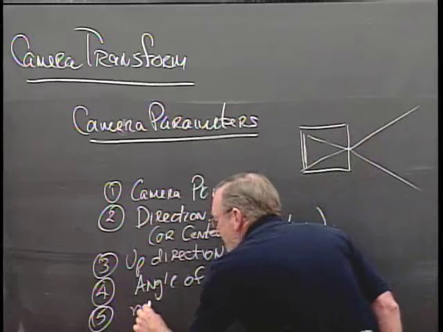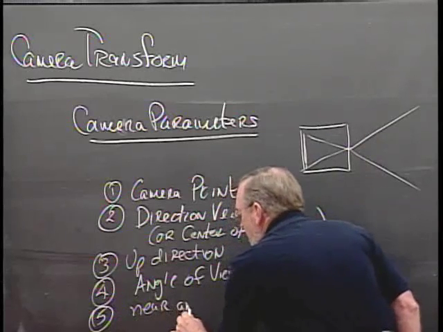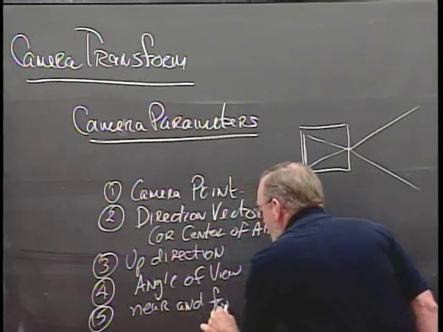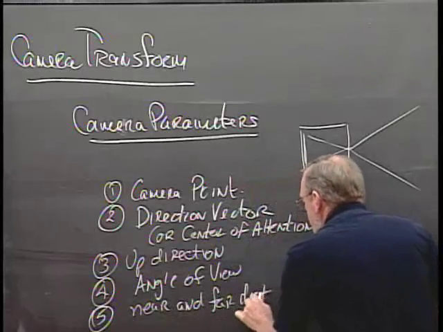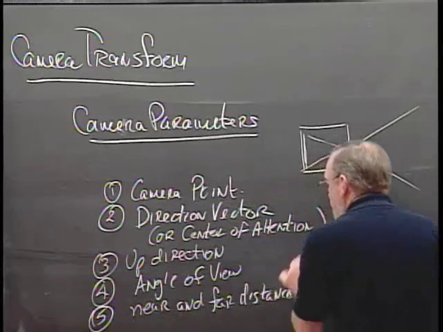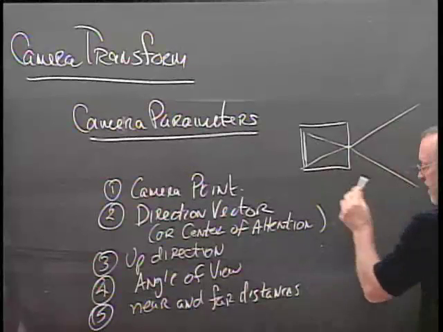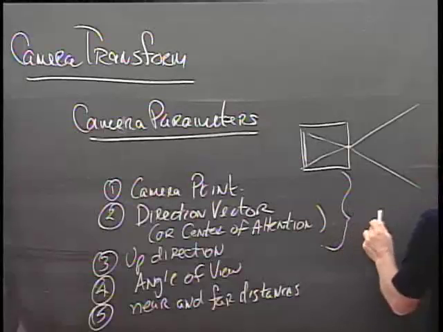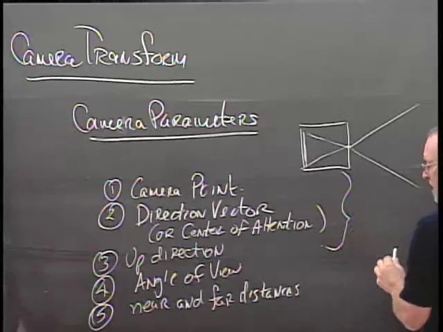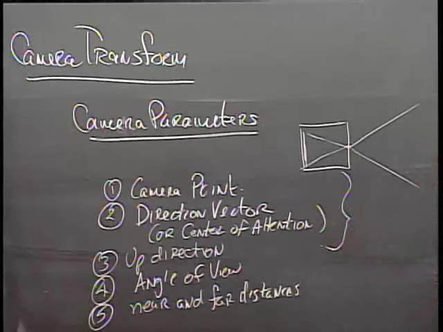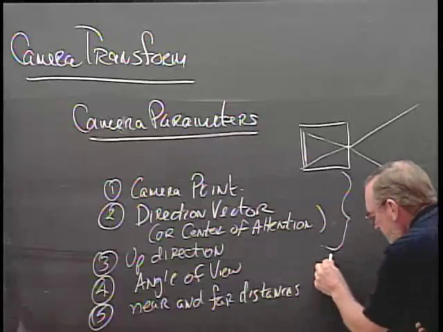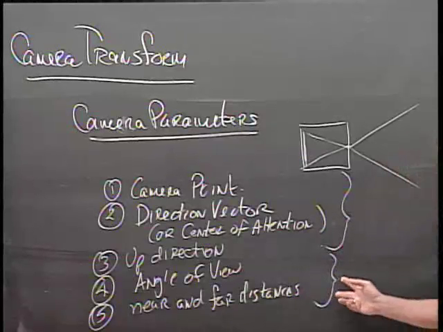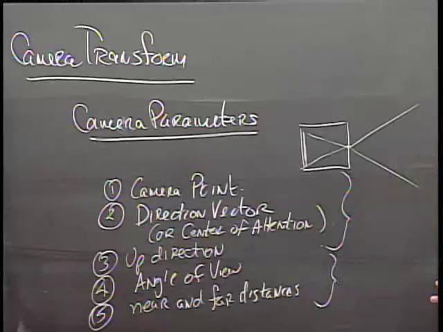A near and far distance. Okay, these first three are used to help us orient the camera correctly. These guys here are used to get the perspective transform correct.